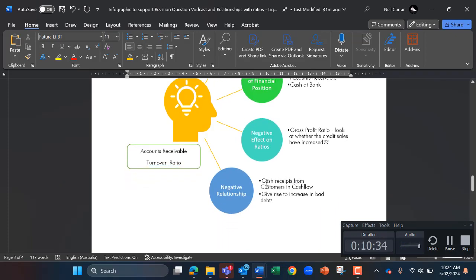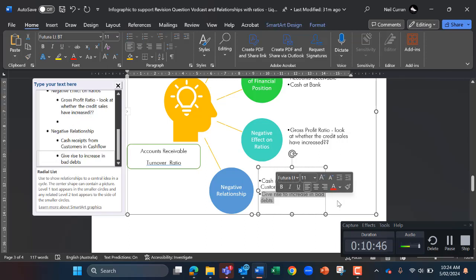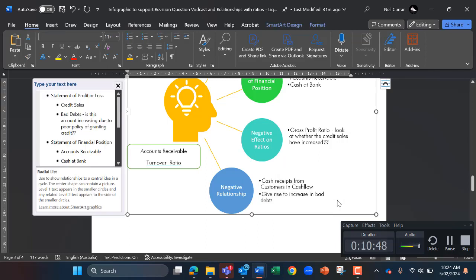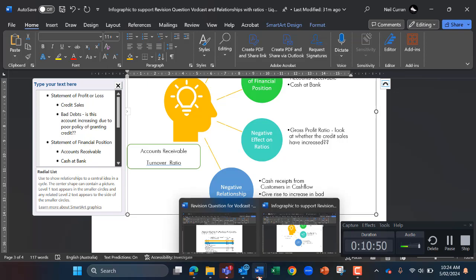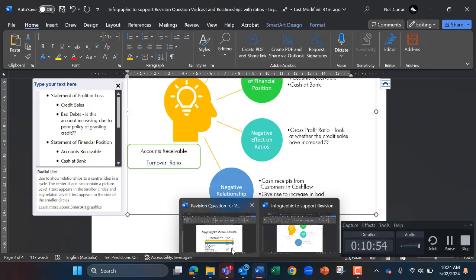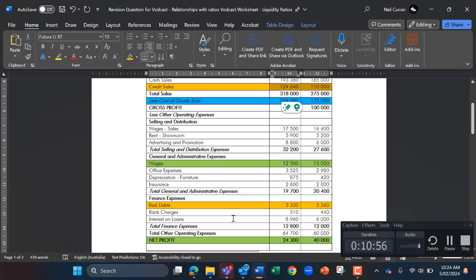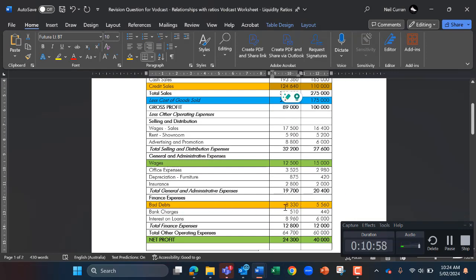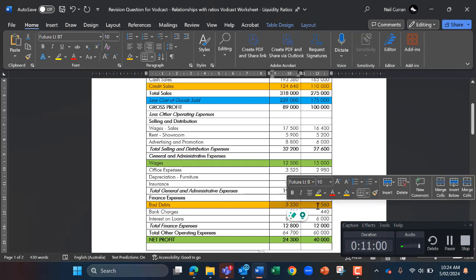So our cash receipts from customers in our cash flow statement might be decreasing, which means, again, we have a cash flow problem. And also, as I said, because this policy is not an effective one, we'll have bad debts expense, which is obviously the case in this business here. Our bad debts is still hovering around the $4,000 to $5,000 mark.